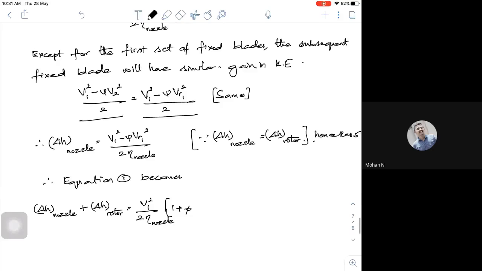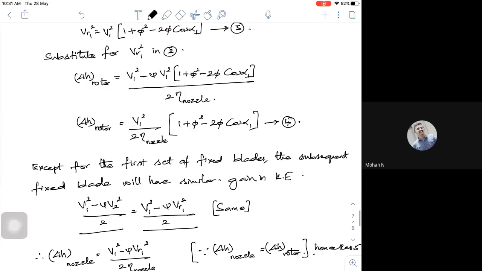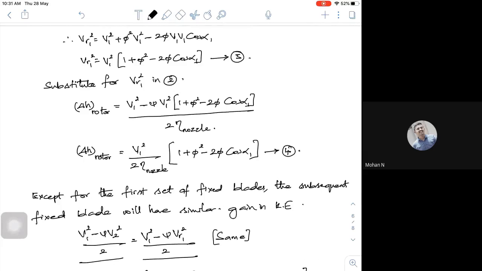We have this psi also, which I missed out. Taking V1 square out, this will be 1 minus psi into 1 plus phi square minus 2 phi cos.